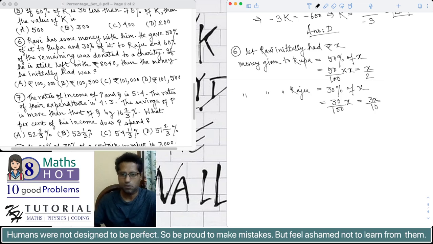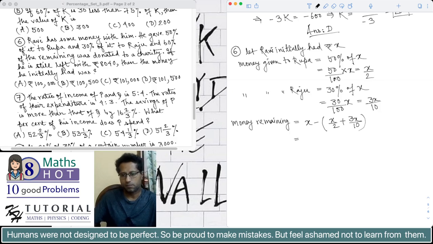Okay. So, after 50% of money was given to Rupa and 30% of money was given to Raju, money remaining will be the original money X minus the total money that was given to Rupa and Raju, which is X by 2 plus 3X by 10.